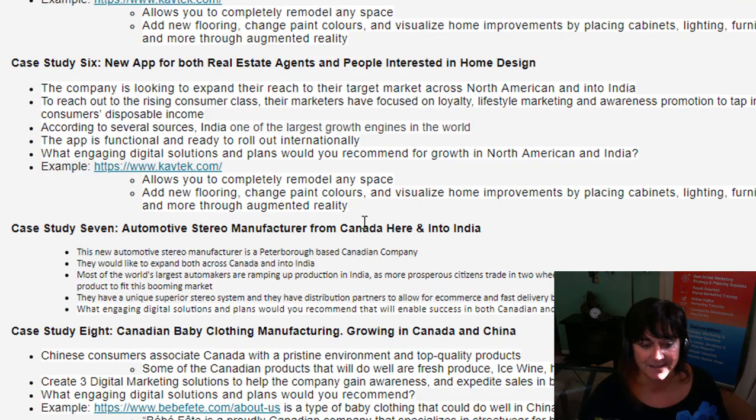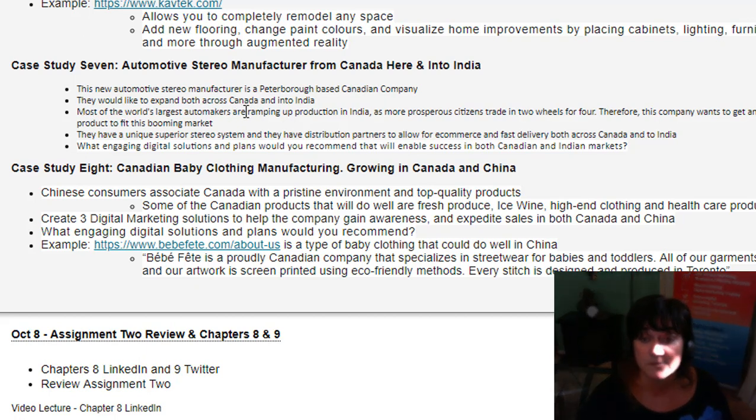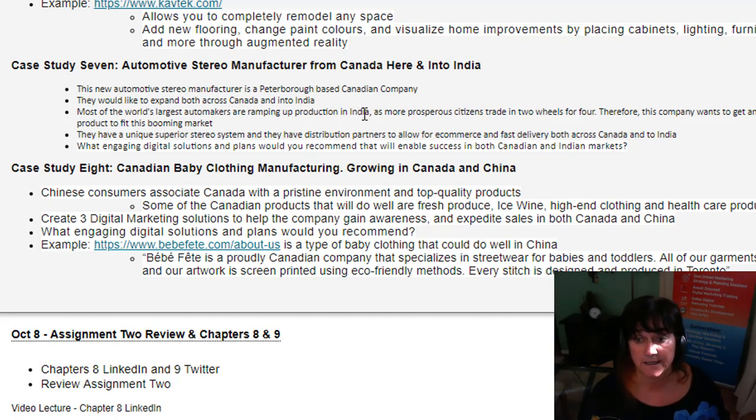So now let's go on to 7. 7 is an automotive stereo manufacturer from Canada, here, into India. So this new automotive stereo manufacturer is a Peterborough-based company. They would like to expand across Canada and into India. Most of the world's largest automotive makers are ramping up productions in India, so it's a huge automotive hub right now.